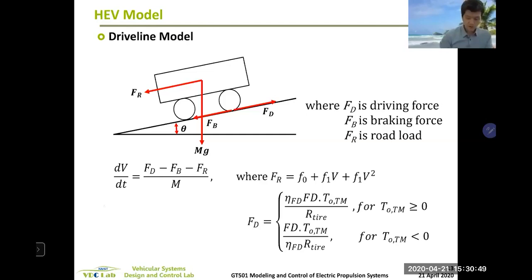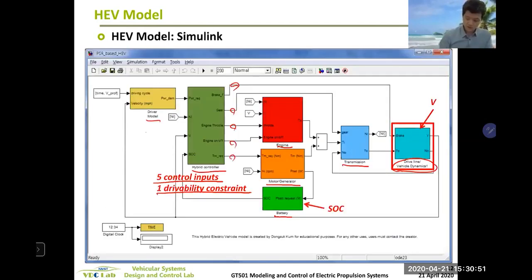So for the vehicle dynamics, oh, by the way, in this parallel hybrid HEV powertrain model, there are 2 states: vehicle speed and state of charge. Okay. Everything else is static, meaning that it's algebraic equation.